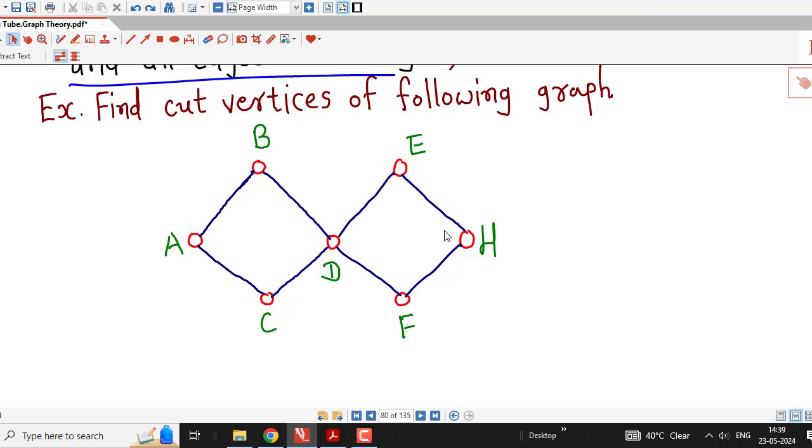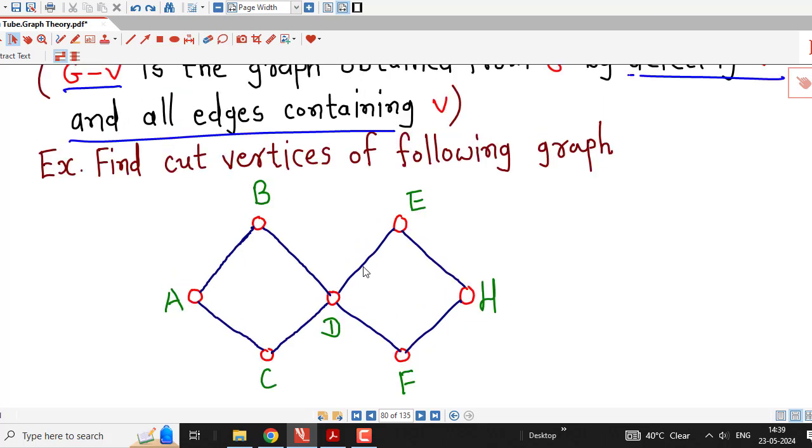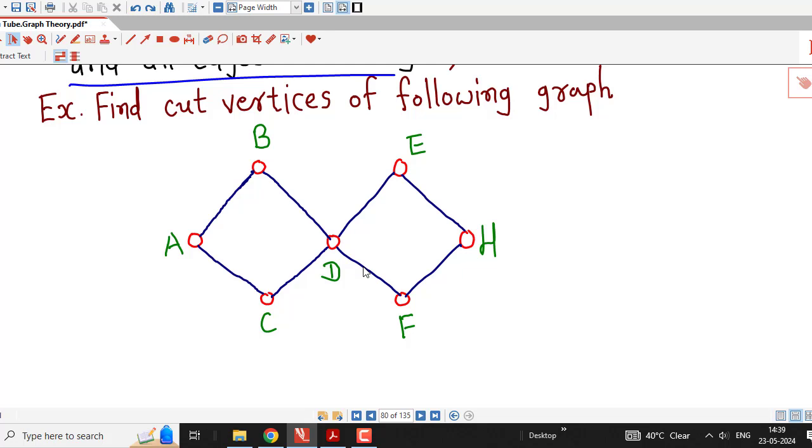So this was the original graph and we see that after removing vertex D, we obtain two connected subgraphs, or we find that the original graph becomes disconnected after removing vertex D. So in this way we can find the cut vertices of a given graph.